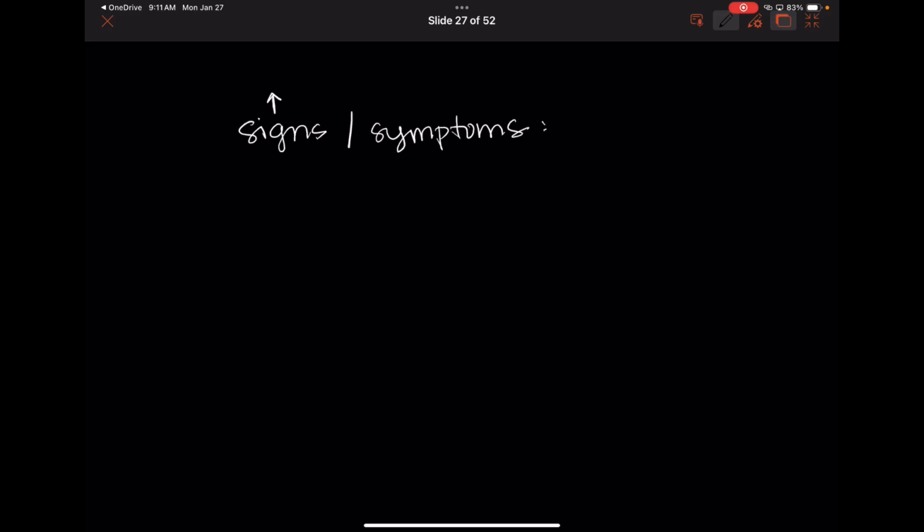Signs are things that a doctor, or a medical professional, can verify, while symptoms are patient provided. So for example, bruising would be a sign versus fatigue would be a symptom. Only I can tell the doctor that I feel fatigued. Okay? Only I can tell the doctor I feel nervous, or those kinds of things.